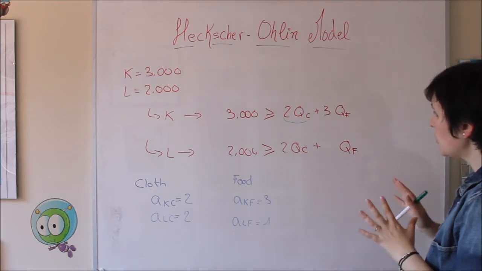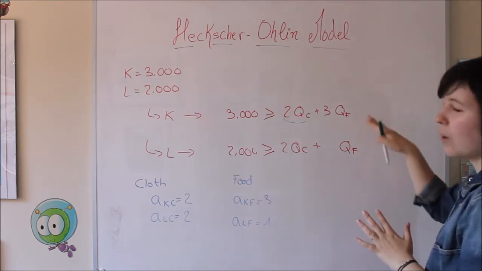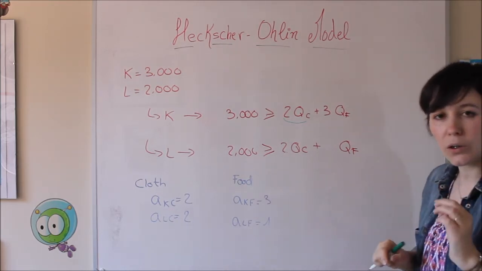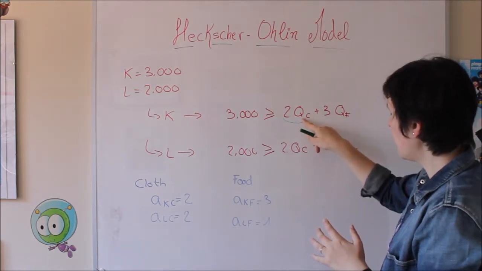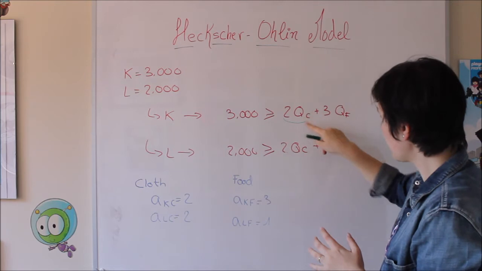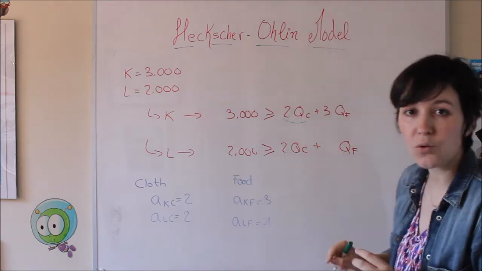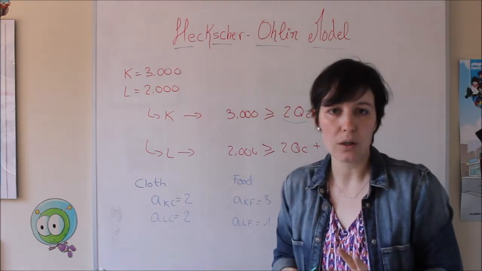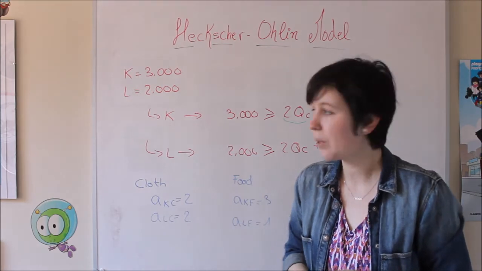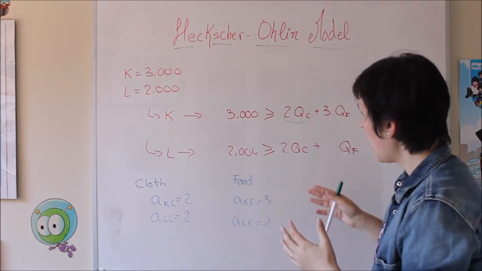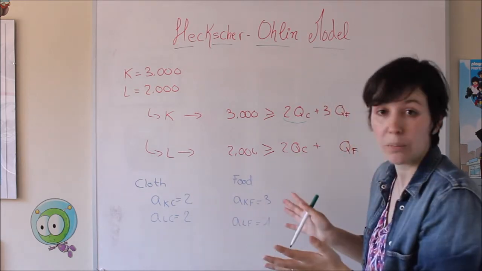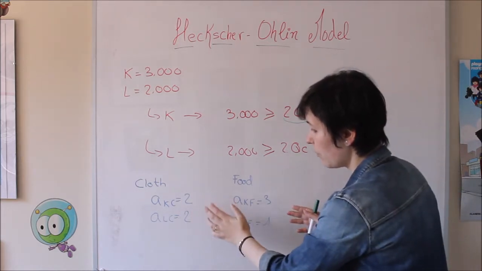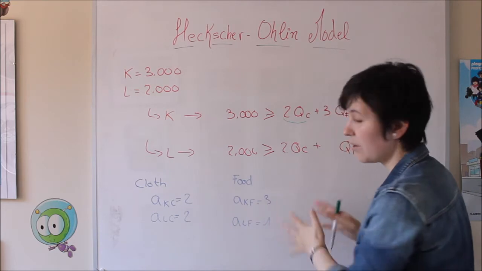So now we are going to draw these 2 lines, and then we are going to see which combination of output in the cloth industry and in the food industry is the best one, the optimum. Okay? Because as I said, here we just have one possibility of combination of capital and labor in each industry.